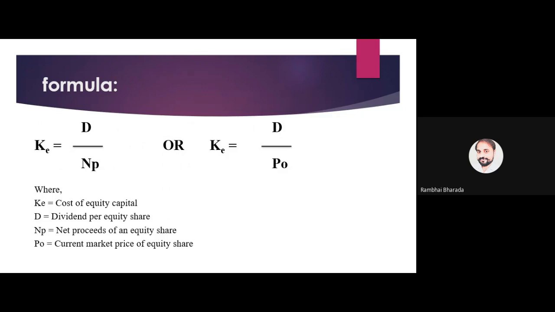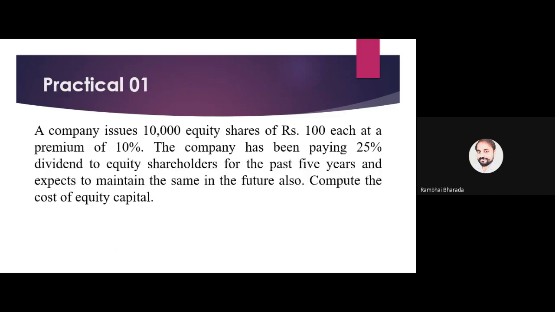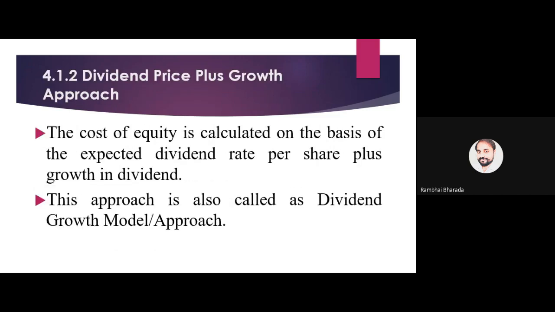The method is very simple. Just find the value of dividend in rupees and divide by NP. Here NP means face value minus discount plus or minus issue expenses, or else face value plus premium minus issue expenses. After this we have seen a few practical questions to understand this method.